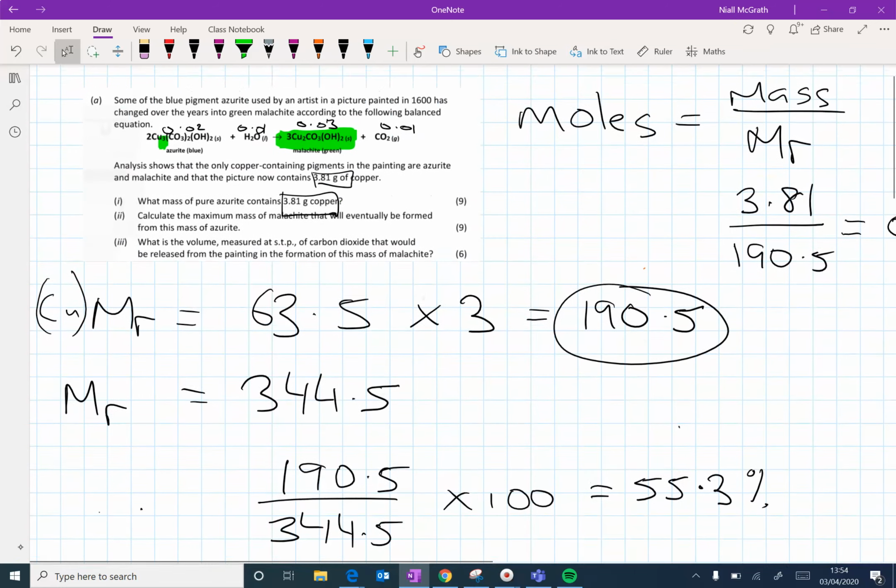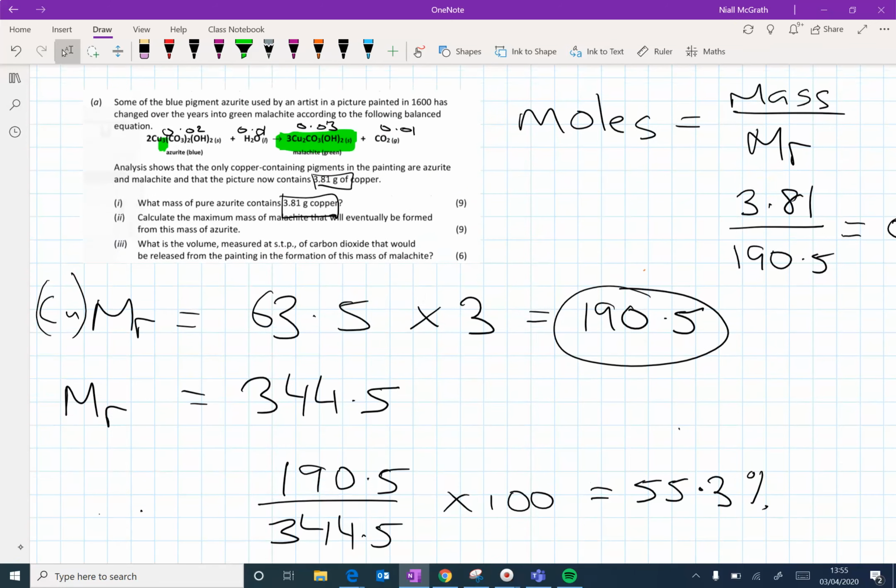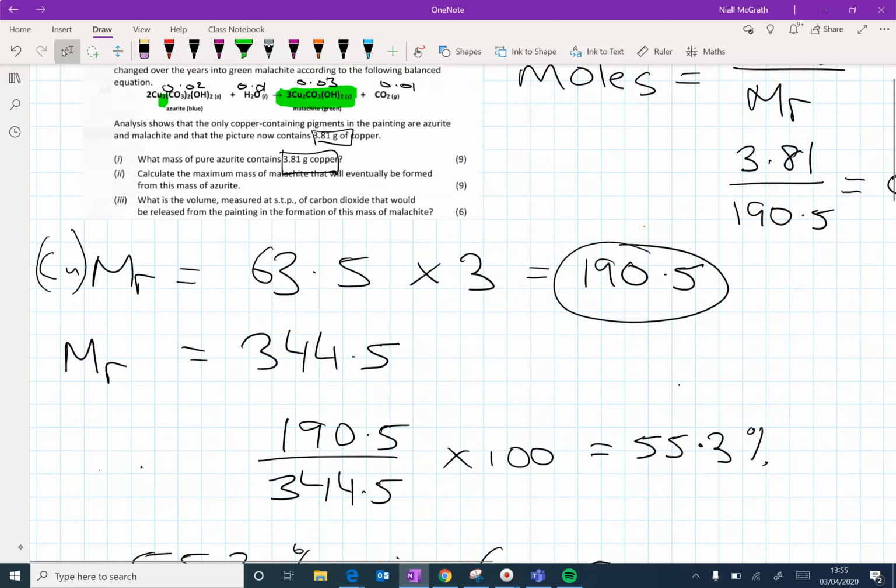The last part of our question is: what is the volume, measured at STP, of carbon dioxide that would be released from the painting in the formation of this mass of malachite? So we want to find the volume. We have the number of moles, and if we multiply that by our figure to convert it into a volume, which is 22.4 litres, we will be able to do that.